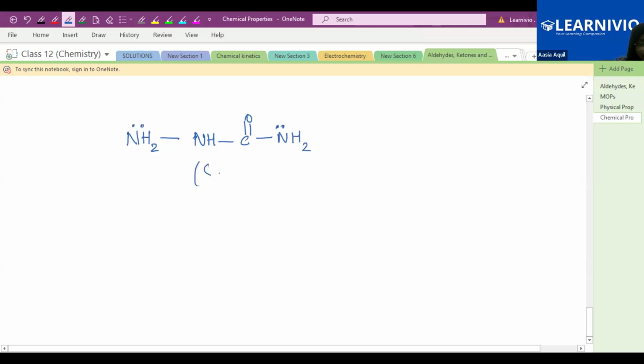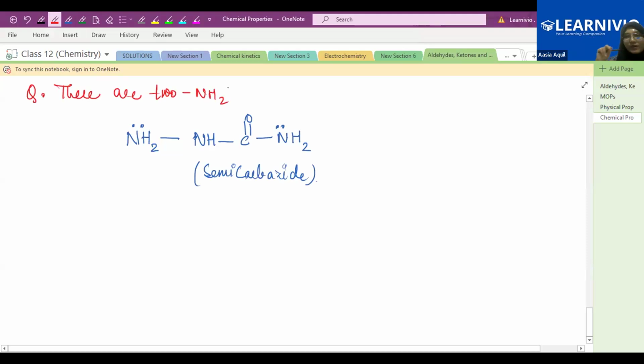Now the question is, there are two NH2 groups in semicarbazide. You can see both the terminals have an NH2 group. So two NH2 groups in semicarbazide.